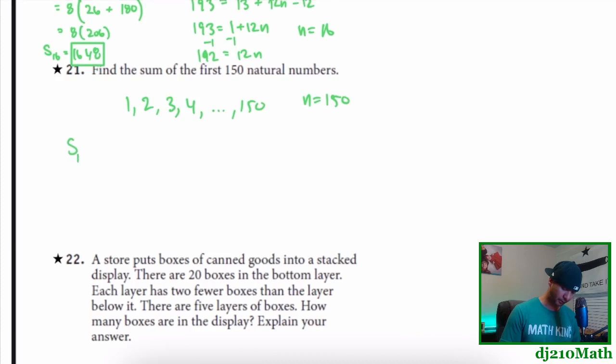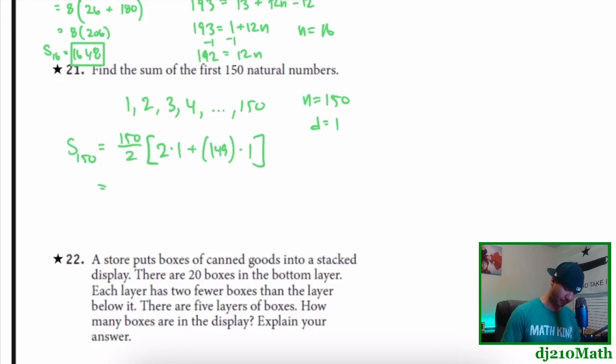So the sum of the first 150 terms is going to be 150 divided by 2 times the first term plus 150, right, n minus 1, so 149, times the common difference of 1, right? Common difference is just 1 because it's going up by 1 every time.